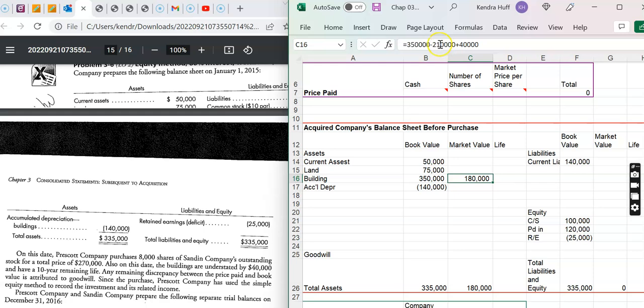Oh, sorry, this should be minus 140. There. This is 140. All right. The rest of this stuff just carries over. But not the accumulated, because we netted it. We did market value.